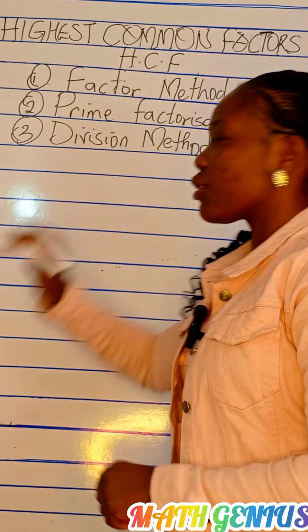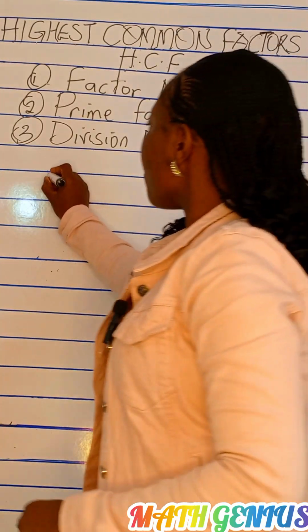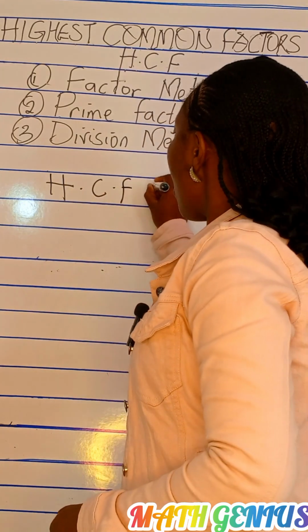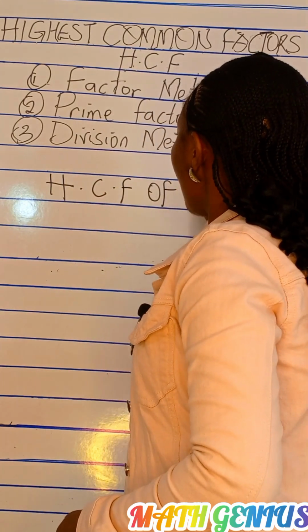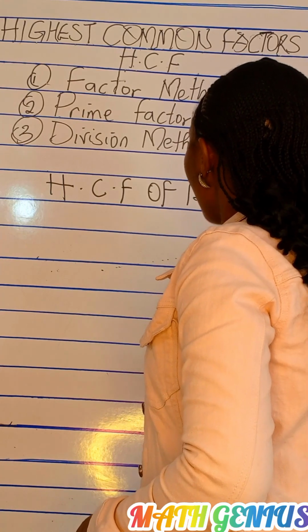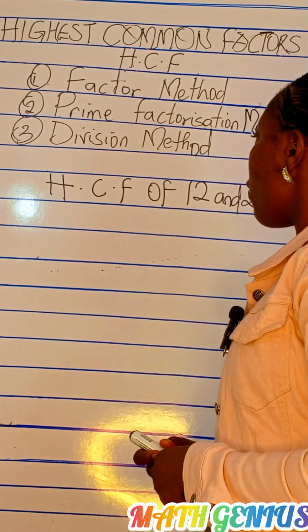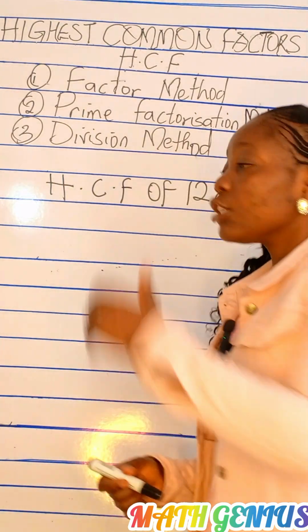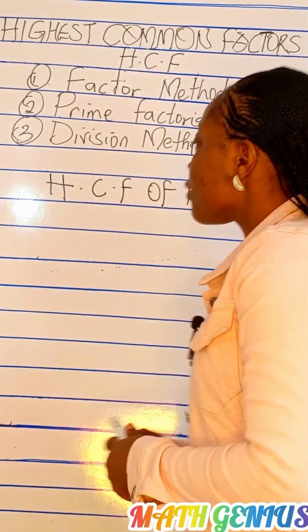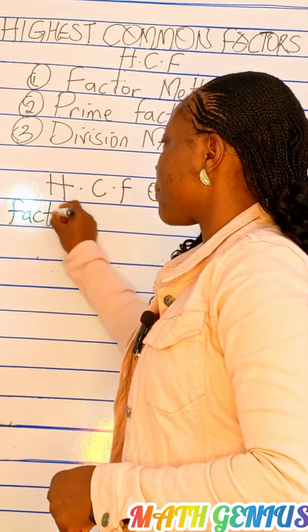Starting with the factor method, we are being asked to find the HCF of 12 and 24. When you are using the factor method, the first thing you need to do is to find all factors of the given numbers.